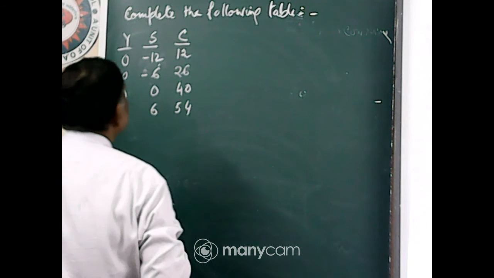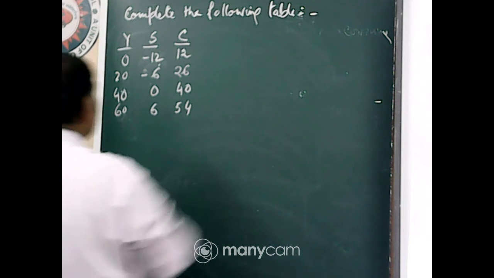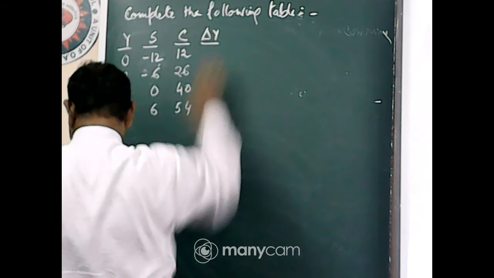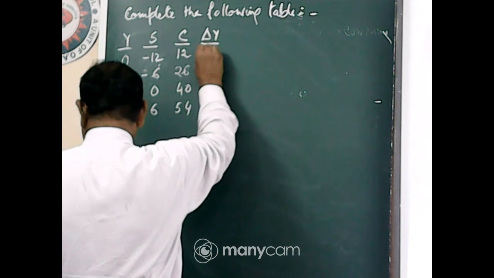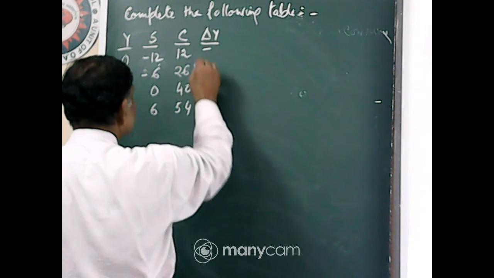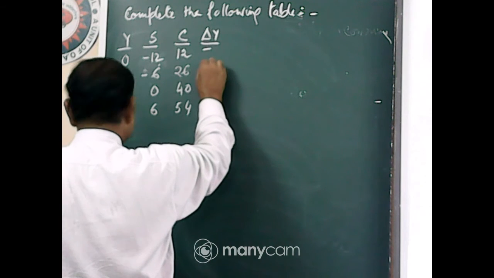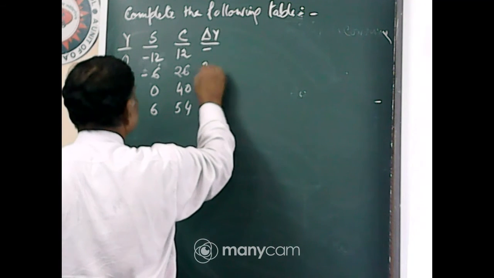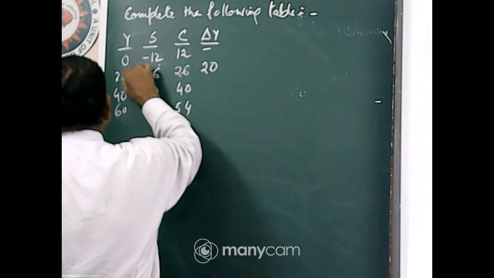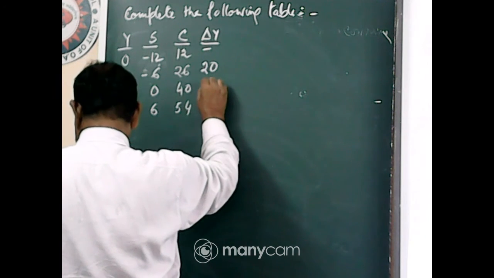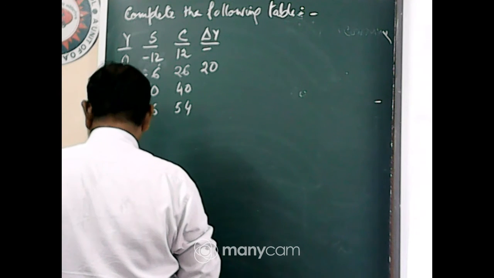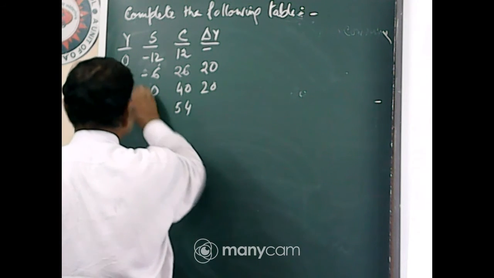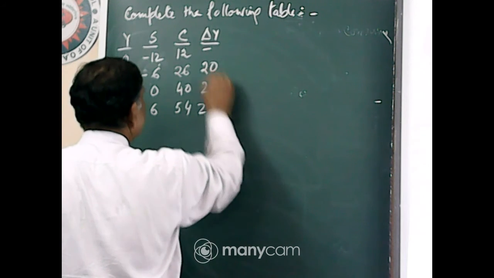Right. So C and delta Y. Delta Y, nothing here. Then it must be 20, this minus this 40, this is also 20, this is also 20, and this is also 20. Right?